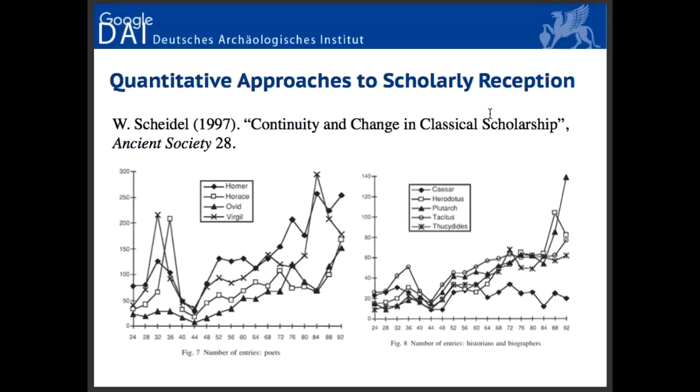He went to the Année Philologique and manually took a sample of the data and counted how many times an article was published and reviewed about Virgil, Homer, and all the other authors. And this allowed him to plot, in this kind of vintage visualization, some trends of reception over time for classical authors.